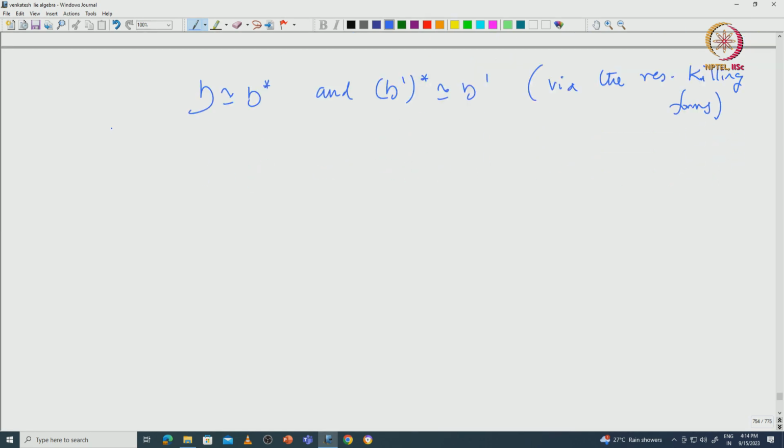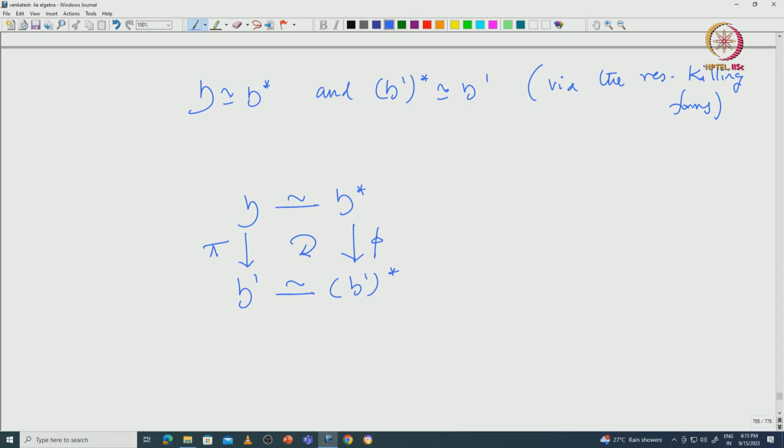Okay. So, basically you have H and then H dash. What we do, you naturally identify H with H star and then H dash with H dash star. So, you have an isomorphism here. You just pull it back here, so that this diagram commutes, call that map pi.